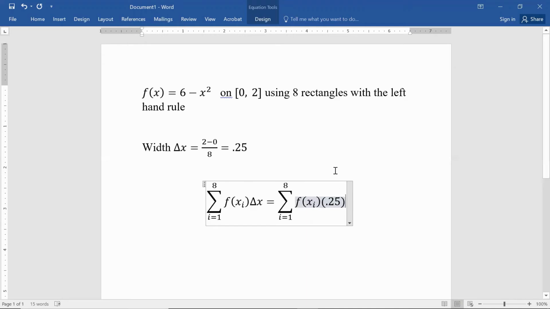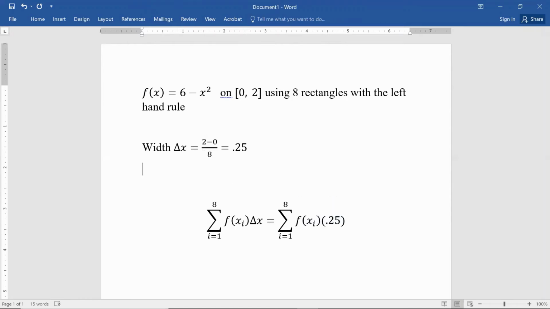And utilizing the left-hand rule, you can think about what types of subintervals you'd be getting. Our first one would go from 0 to 0.25. Our second would go from 0.25 to 0.5.